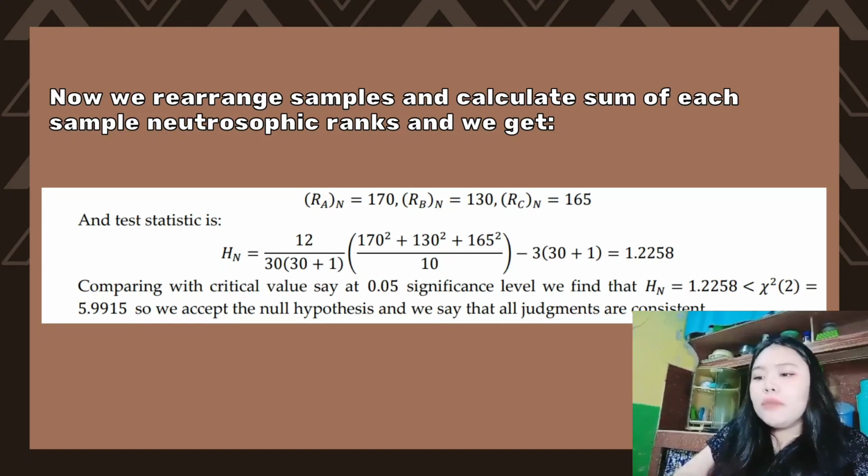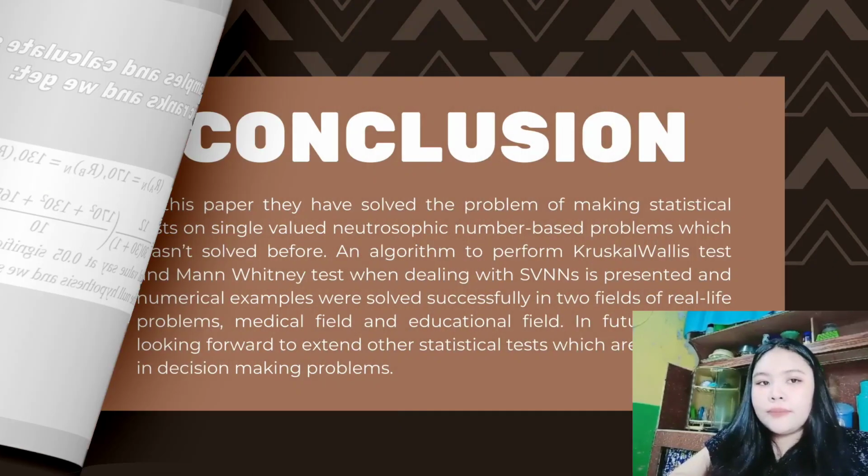Comparing with critical value, say at 0.05 significance level, we find that H sub n is equals to 1.2258 is less than chi-square to the second power times 2 is equals to 5.9915. So we accept the null hypothesis and we say that all judgments are consistent.